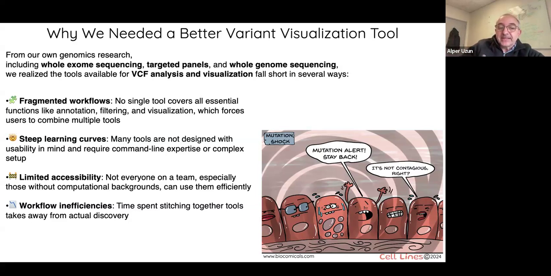There's also a steep learning curve. Many tools are not designed with usability in mind and require command line expertise or complex setup. Most of the time, even the very first step, installation, is very tough. You need to install this dependency, that dependency. While you are doing this, you are losing time and losing interest in what you are doing.